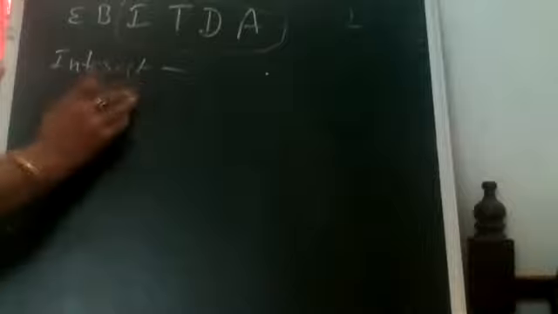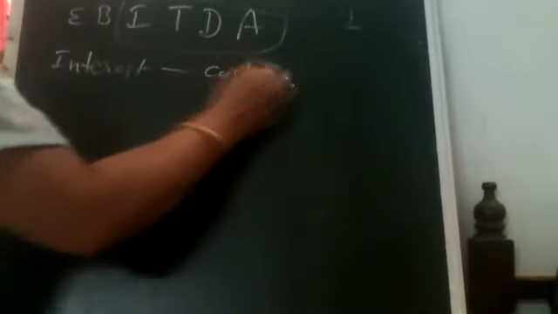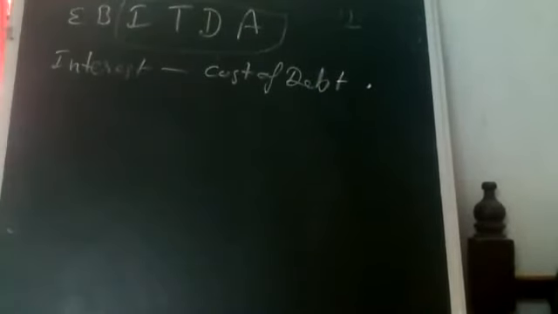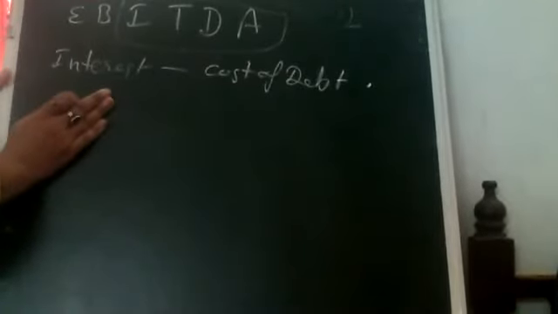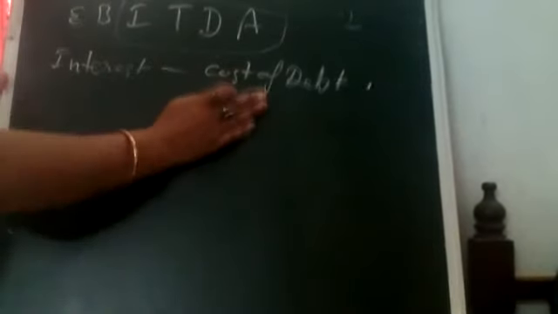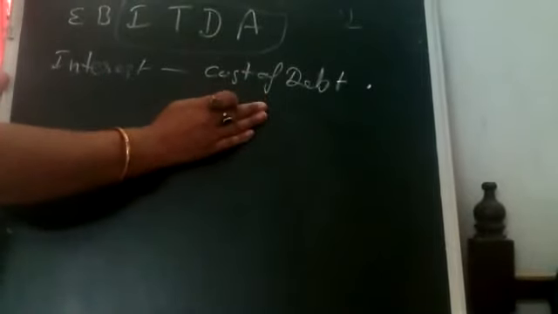Interest, first of all we will learn about interest. Interest is the amount which is paid on borrowed capital, or we can say cost of debt capital. Before determining financial resources, we have to consider this cost of debt and cost of equity also.